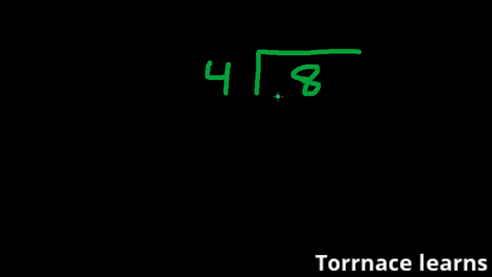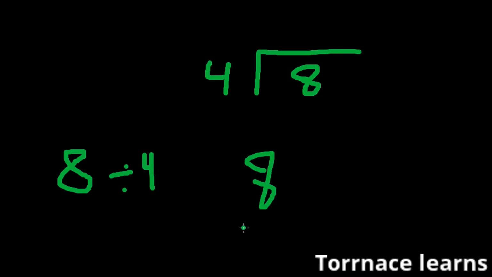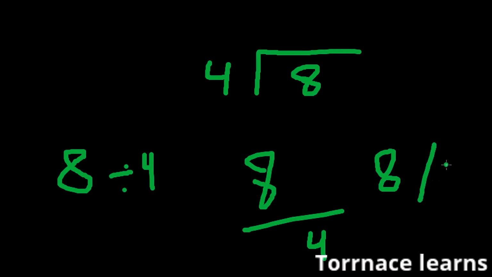If you can't understand this, let me give you all the other forms. 8 divided by 4, okay? Go ahead and solve this, and I'll give you a couple seconds to pause right now.